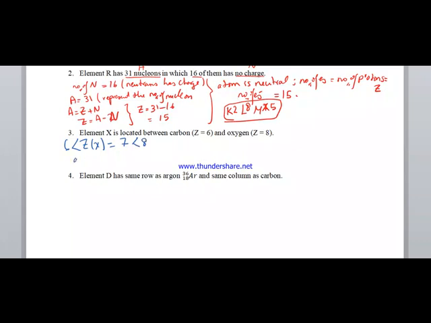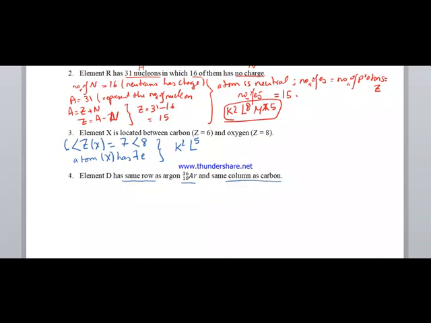So atom X has 7 electrons, and the electron configuration would be K2L5.